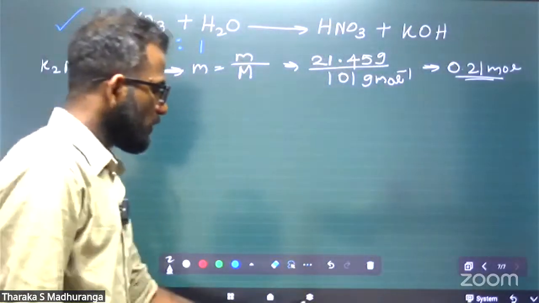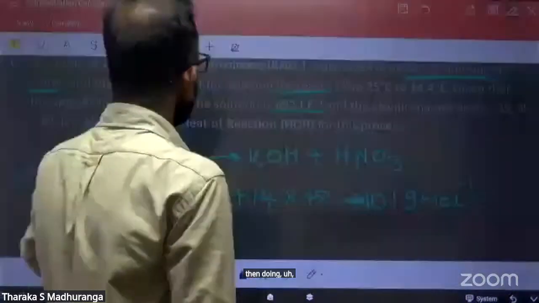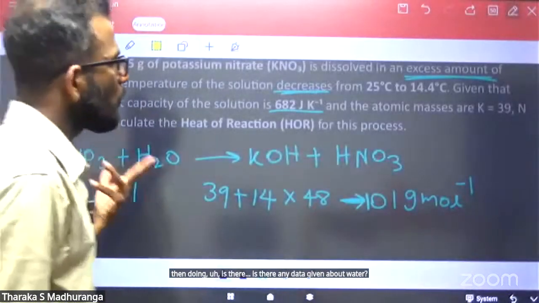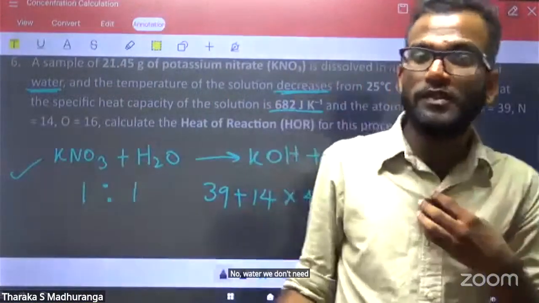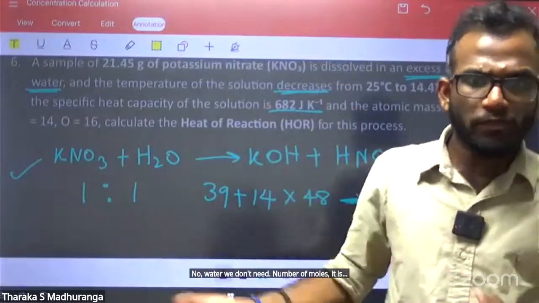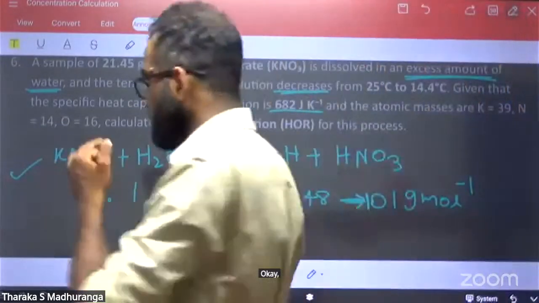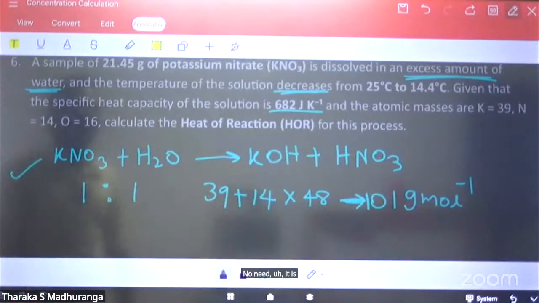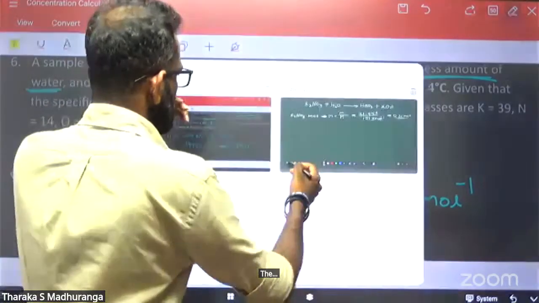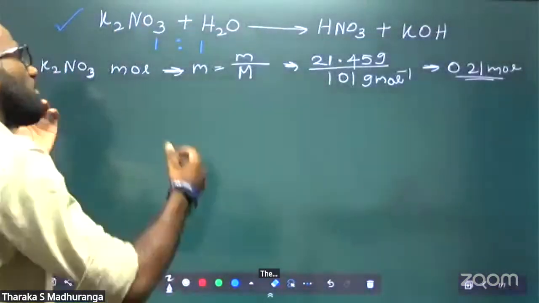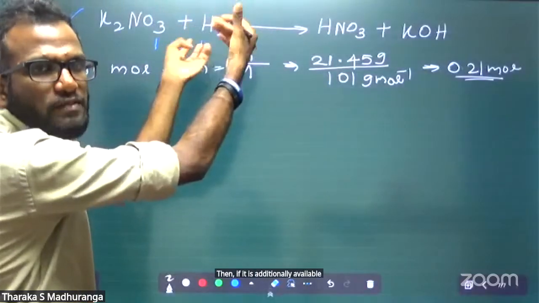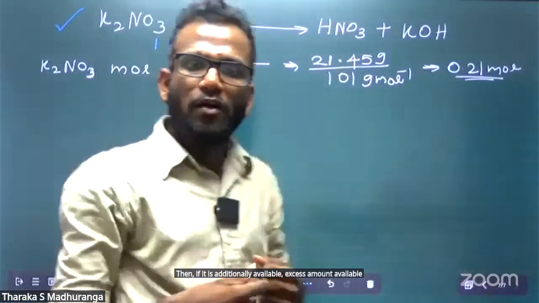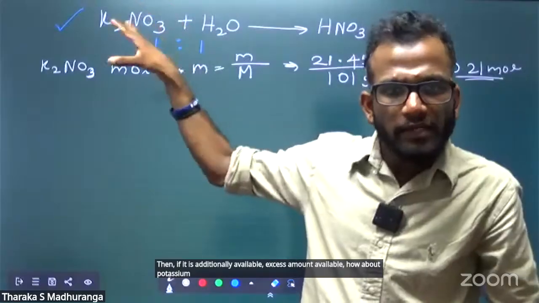Then is there any data given about water? No, water we don't need. The number of moles, it is an excess amount given. Therefore no need. If it is additionally available, in excess, how about the potassium nitrate reacted amount?